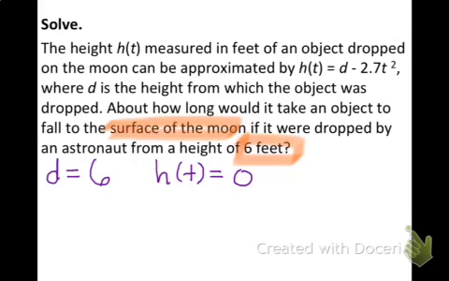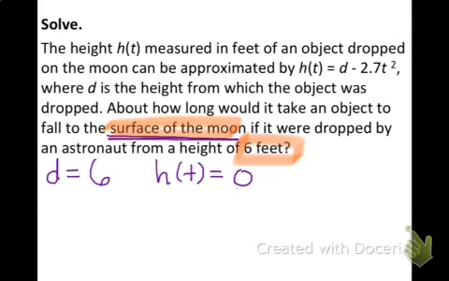Okay? So we want to know what T is, what the time is when we drop it from 6 feet. So we want to know how long it's going to take to go from 6 feet to 0 feet. Okay? And again, when they say it falls to the surface, that indicates that the height is going to be 0, because if you're at the surface or the ground, then of course you don't have any height.